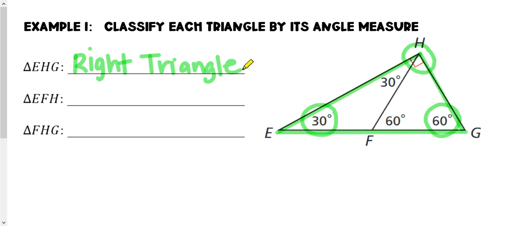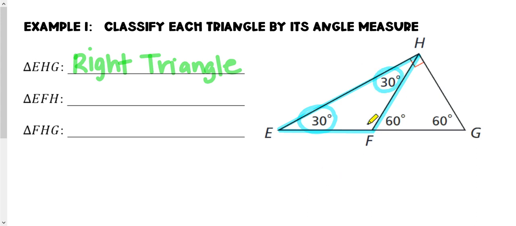All right, the next one is triangle EFH. So let's start over and identify where triangle EFH is. If we trace that out, EFH. Okay, at vertex E is 30 degrees. Now vertex H is this just smaller angle here, it's 30 degrees.